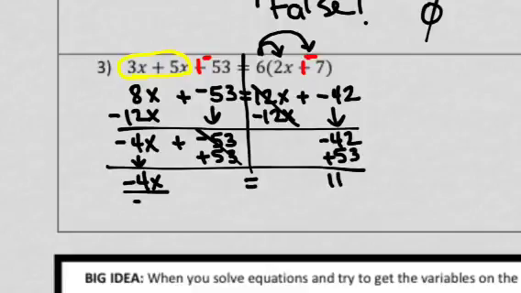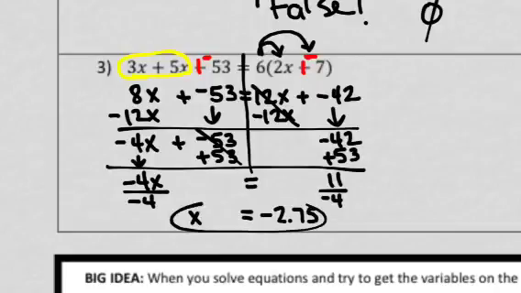Then divide both sides by negative 4, and x equals 11 divided by negative 4, which is negative 2.75. So that's my solution, and this means that there is only one solution. I got x equals a number, so that means there's one solution.